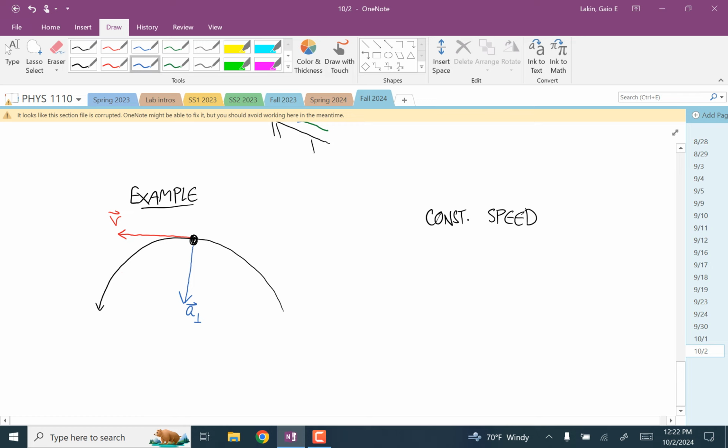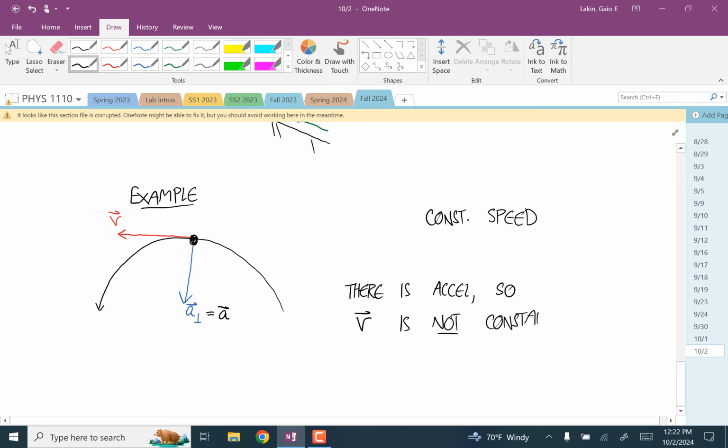And the total acceleration is the sum of A parallel, which is 0, and A perpendicular. So this is just equal to A perpendicular. So there is acceleration. So velocity is not constant.